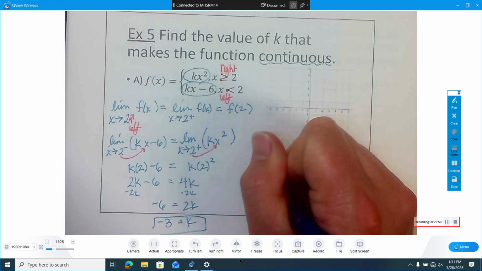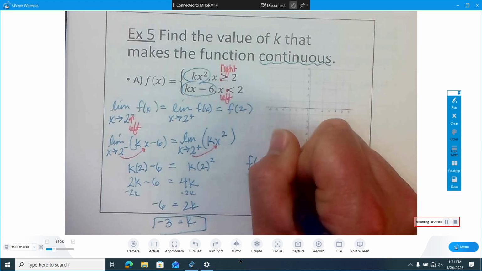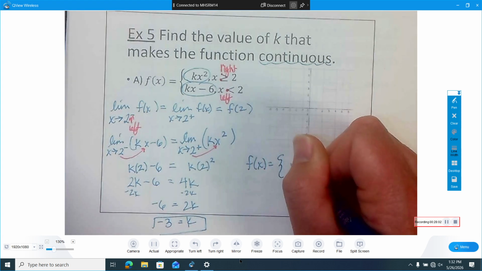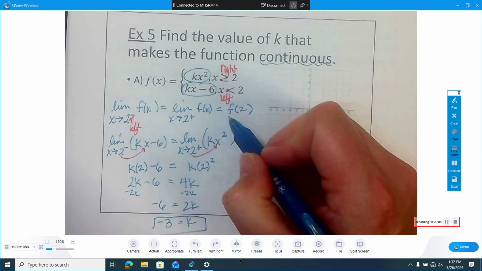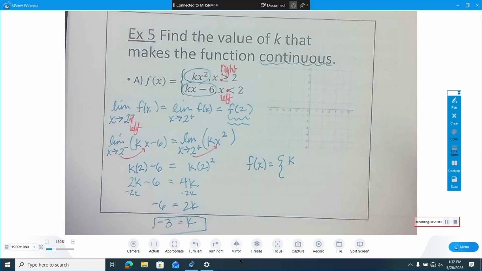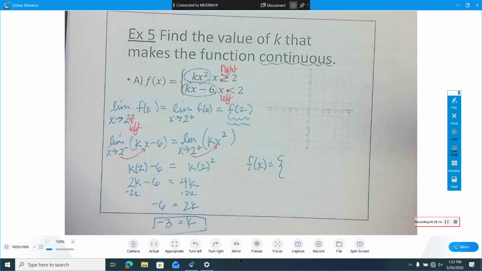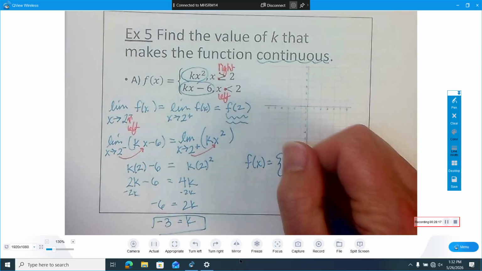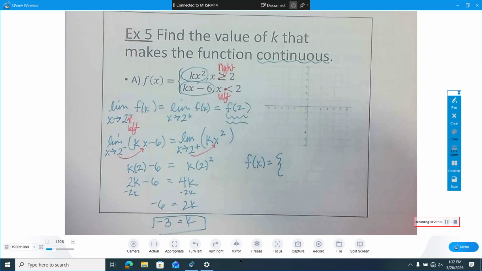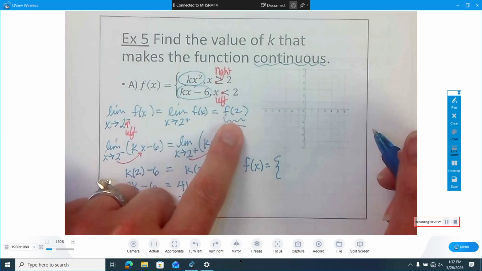Well, there's one thing I am going to say. Did we ever verify f of 2? We did not. Okay. So if this were on an AP question, you would need to verify them to show that they're all the same.